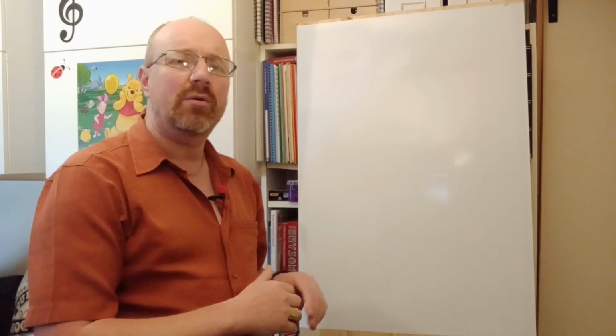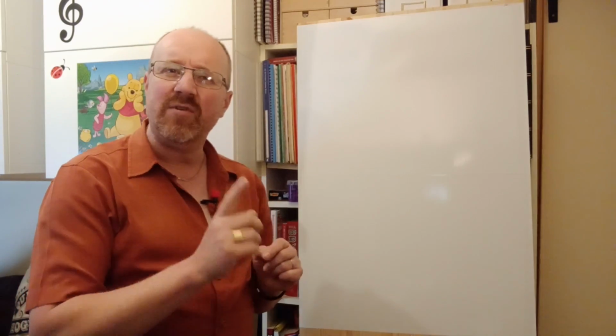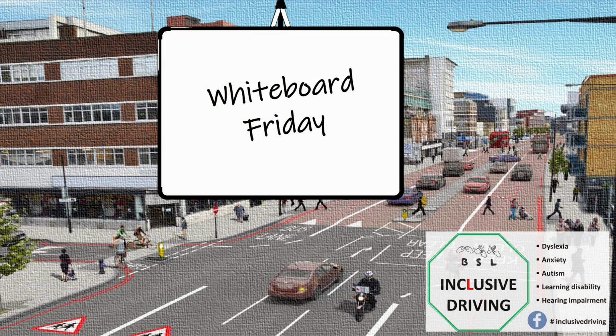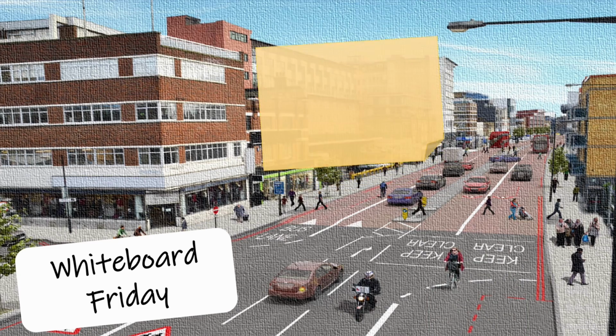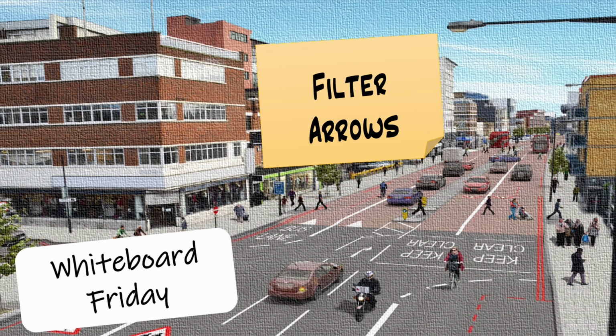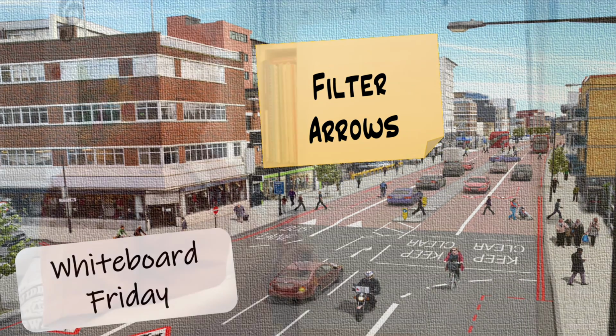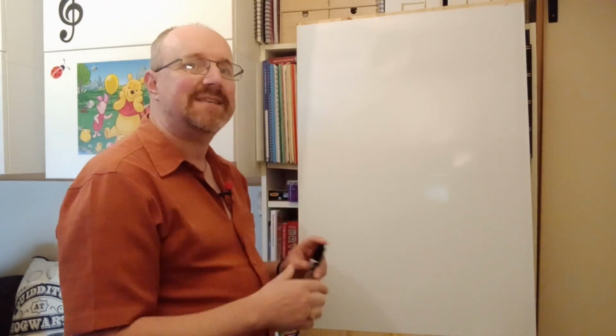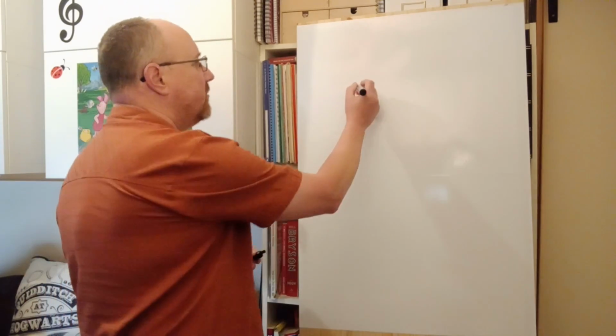This time we're going to look at traffic lights that have green arrows on them and how we deal with those. So first of all, let's look at where we might find these traffic lights that have filter arrows. Let's draw a diagram.